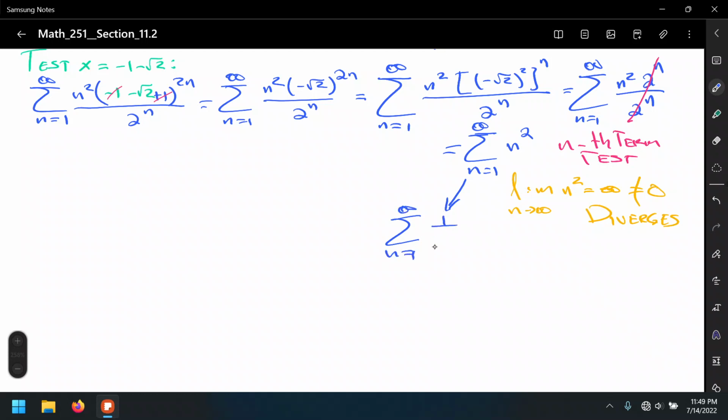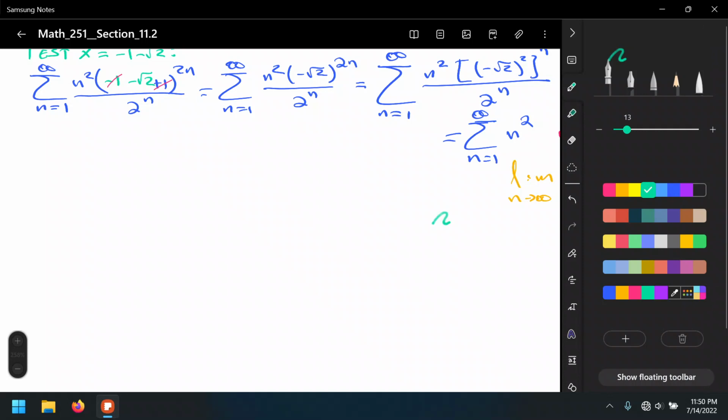You can rewrite this as n to the negative 2, and then use a p-series with p equals negative 2, which is less than or equal to 1, and it's also a divergent p-series. So either way is fine. So don't feel limited to use only one test. Feel free to open your mind and look at other possibilities. All right.